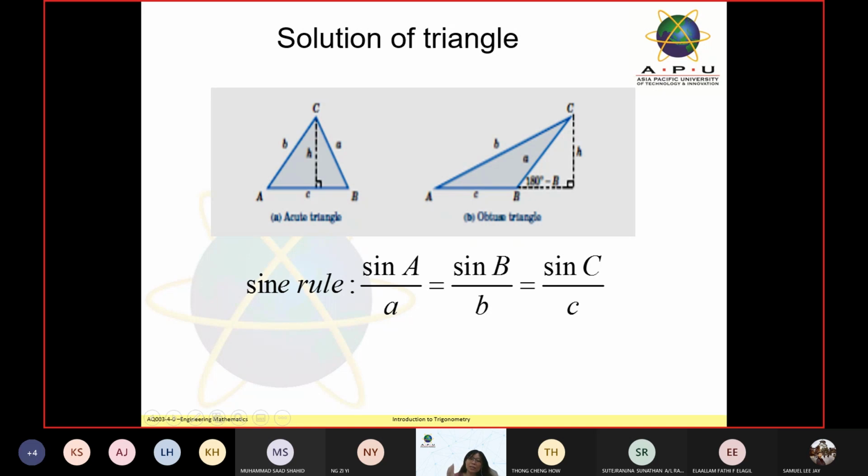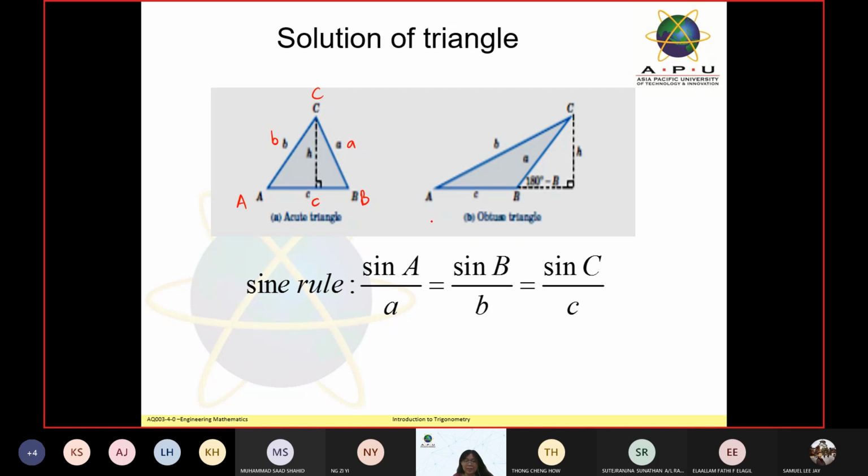Now looking at the sine rule, the notation here follows the notation I mentioned just now. You have triangle ABC, with side a, side c, and side b. This one is an acute triangle, because all the angles at the three vertices are less than 90 degrees.